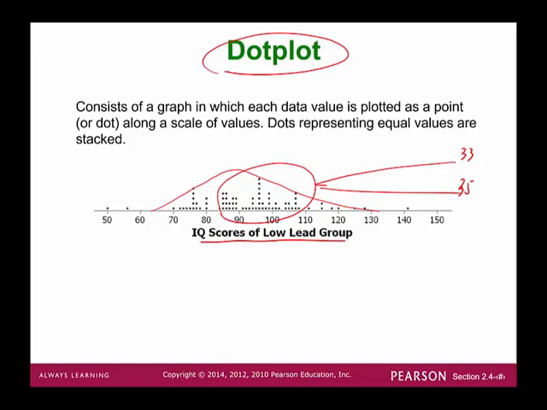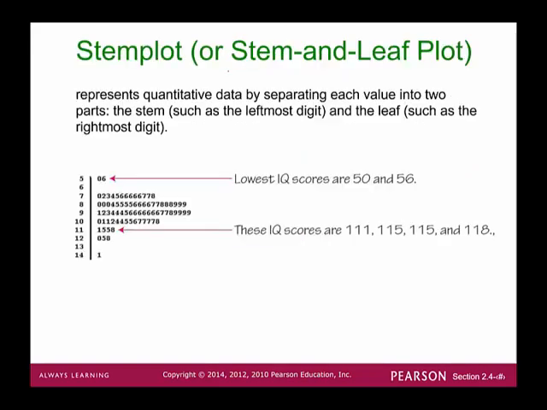And then the next one, stem plot, also called stem and leaf plot. This is what they call the stem part. The stem part is here, and this is the leaf part.